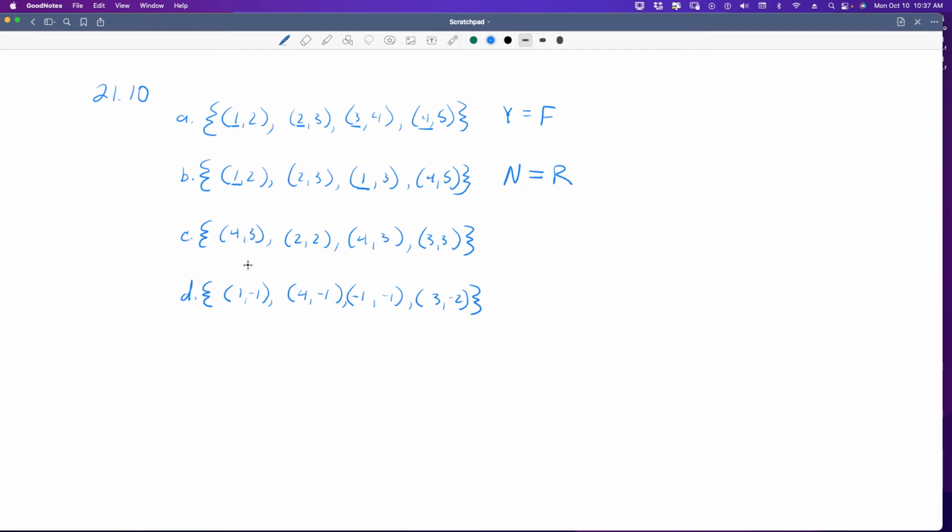All right, what about number 3? Is this a function? If you said yes, this is a function, then you are correct. Because even though this point is duplicated here, the y value that goes with it is exactly the same.